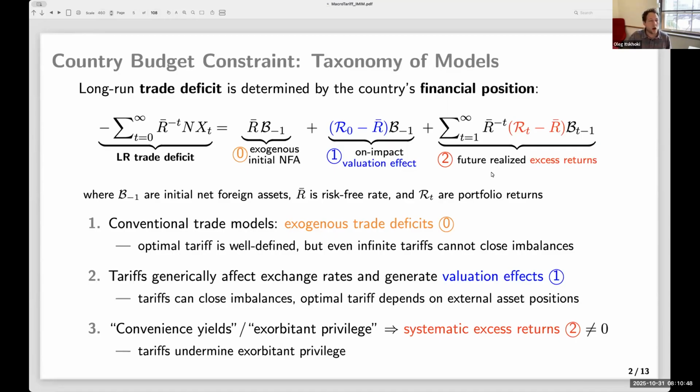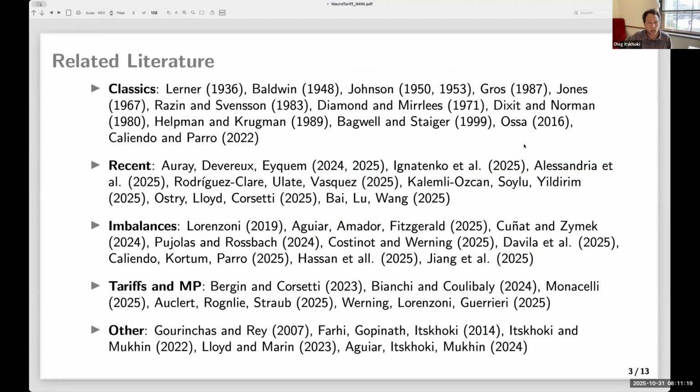And so arguably what's been happening for the US, sometimes it can be called dark matter, sometimes it can be called convenience yield, sometimes it's called exorbitant privilege. Perhaps the US systematically can enjoy higher returns on its assets than it pays on its liabilities. And this is one of the reasons it can run this long run trade deficit. And so then the question is, do tariffs interact with this term? And this is where we're going to have only some tentative answers, not a complete characterization of what can happen.